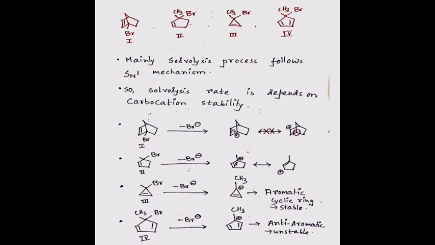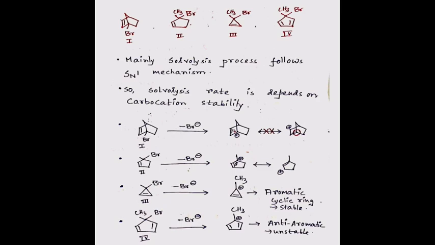In this particular compound, n equals 0, so it contains 4n plus 2 pi electrons. But if we focus on compound 4, after the departure of the bromine group, it gives a 5-member carbocation, but due to anti-aromaticity, this carbocation is very unstable.